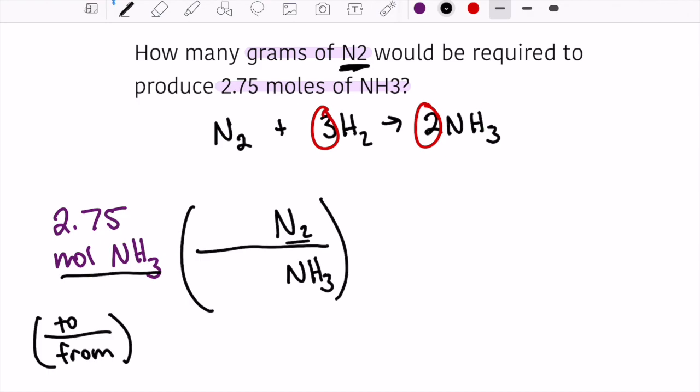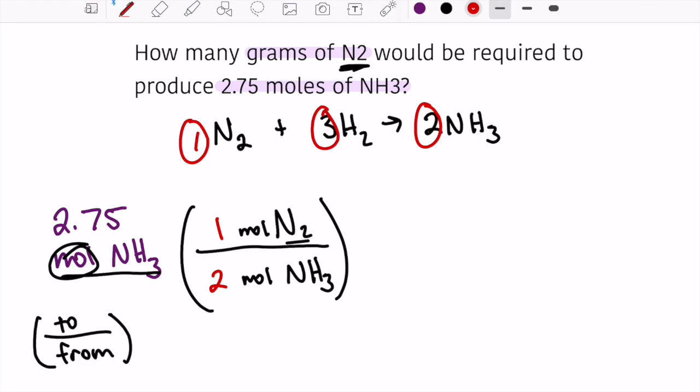And you also want to set it up so that your units match, so you can cancel them out. So looking at this problem, you have 1 mole of N2 and 2 moles of NH3. Again, 2 goes at the bottom because you're going from NH3 to N2.